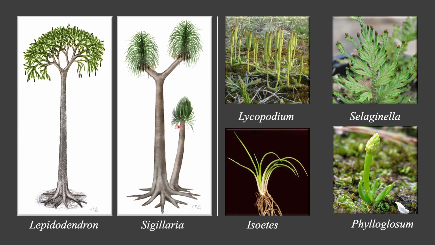The plants of Lycopsids are sporophytes differentiated into stem, roots, and true leaves. The leaves are small, simple, and are called microphyllous leaves.